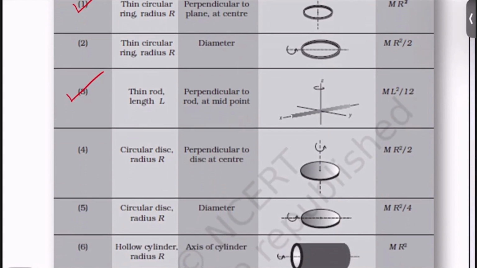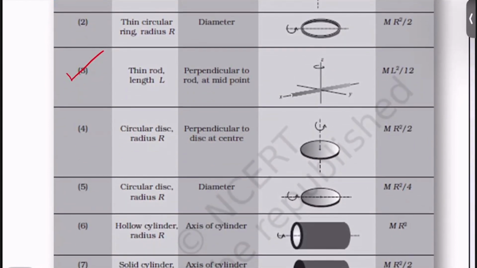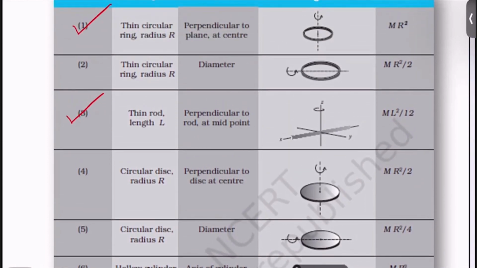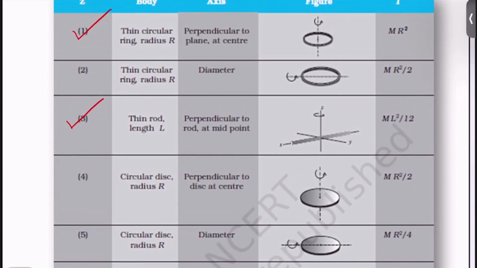Then next is your circular disc. Circular disc we have also derived, that is mr square by 2. The next concept is regarding your circular disc with diameter. We'll understand this in the next lecture, or in this lecture only, after we have completed the understanding of the new results, which are the theorems related to moment of inertia.